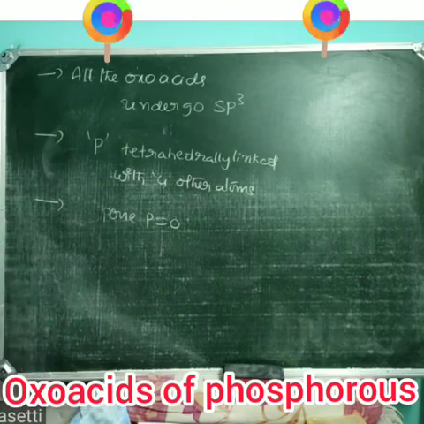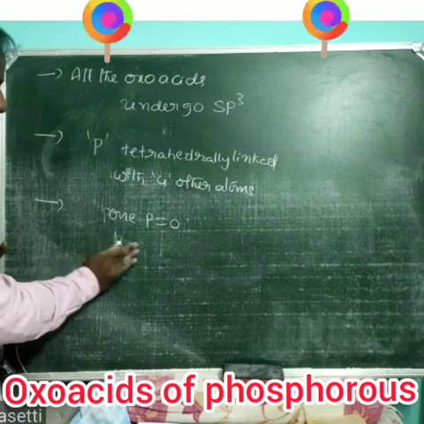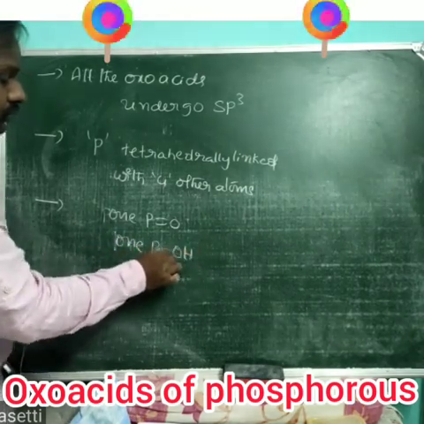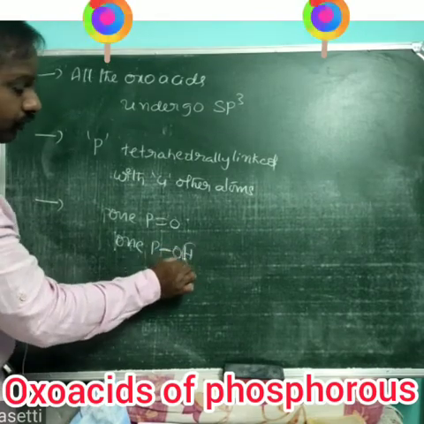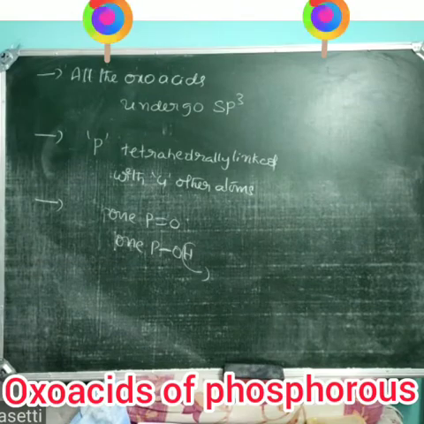Next, these oxoacids contain at least one P-OH, because these are acids. Acids means which have the ability to donate H+. So at least they contain one P-OH.